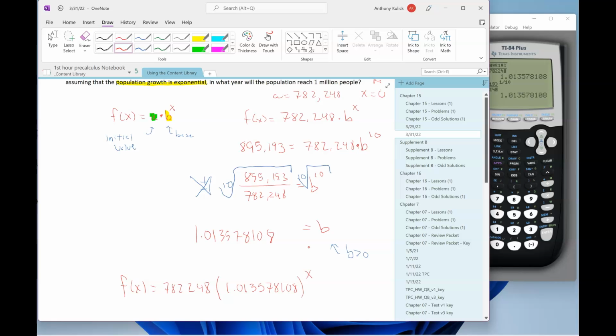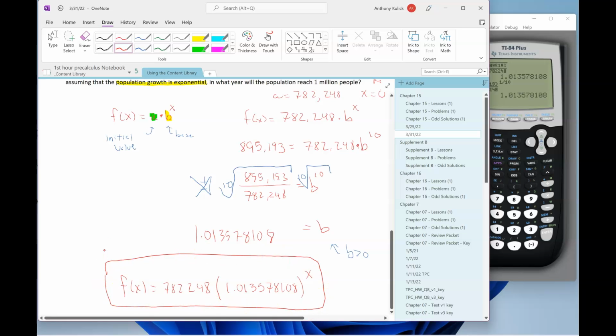So that's our model. But this question is asking more than just what's the exponential model. It asks, in what year will the population reach 1 million people?